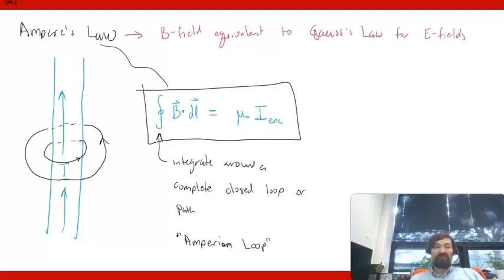A Gaussian surface, remember, was really a three-dimensional object made of a set of two-dimensional surfaces, like a cube, a sphere, or a cylinder.